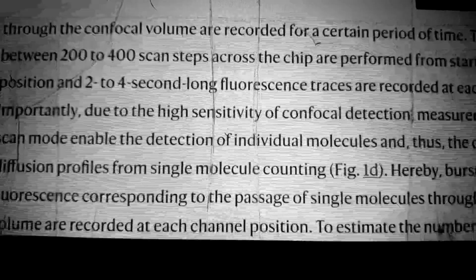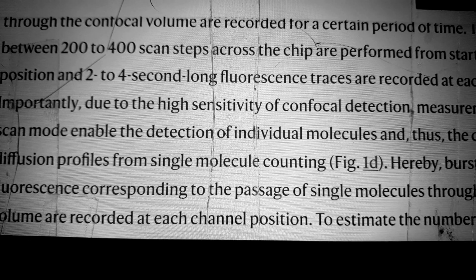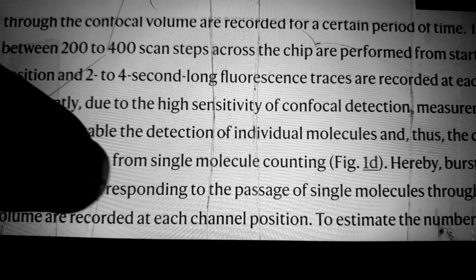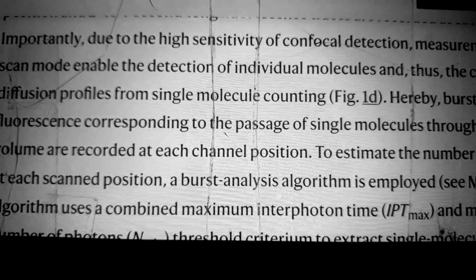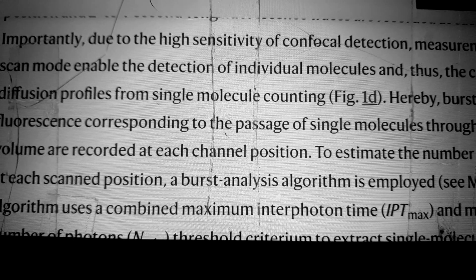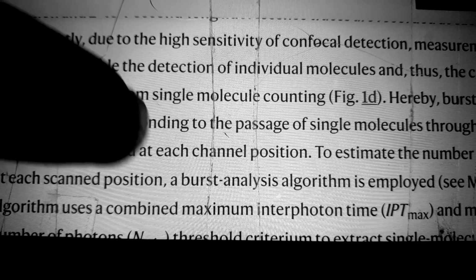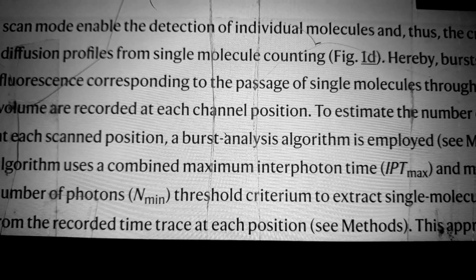Typically, between 200 to 400 scan steps across a chip are performed from start to end position, and 2 to 4 second long fluorescence traces are recorded at each position. Importantly, due to the high sensitivity of confocal detection, measurements in step scan mode enable the detection of individual molecules and thus the creation of diffusion profiles from single molecule counting.